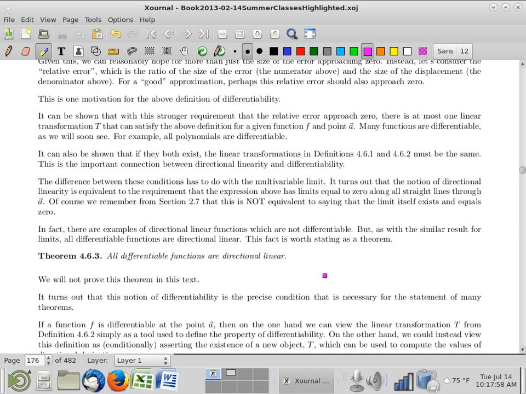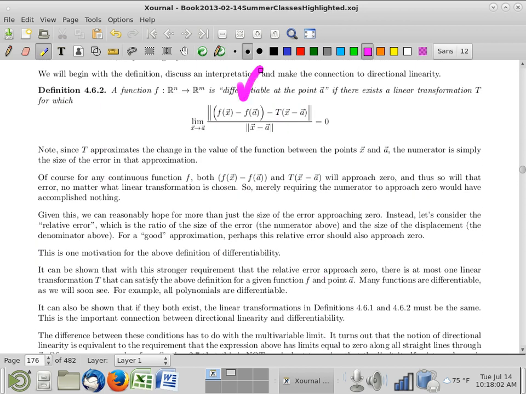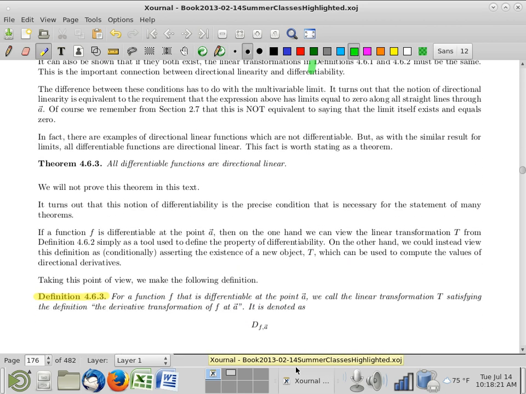Okay, so if this is the case, if a function is differentiable, that is, if it is well approximated by a linear transformation. If there is a linear transformation, in other words, that does this good job of relating input changes to output changes, that linear transformation, we give it a name.